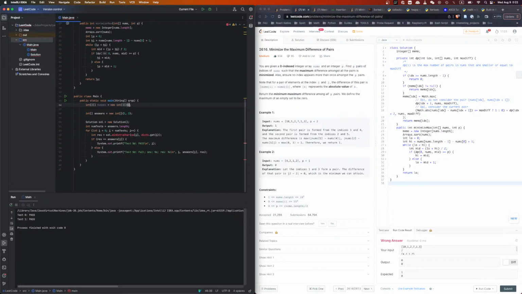Do I set it this way? 10 1 2 7 1 3. Oh my god, that's not even possible because these two have to be the same size, right? Holy crap. How am I supposed to do this one?